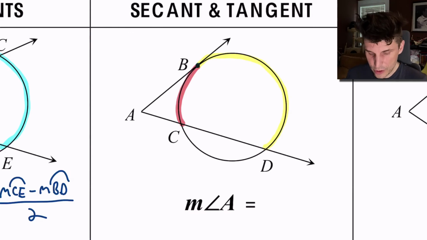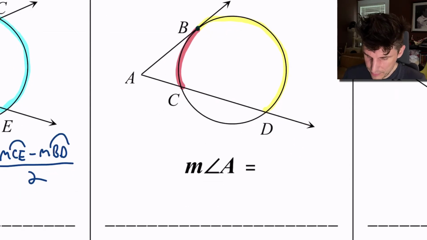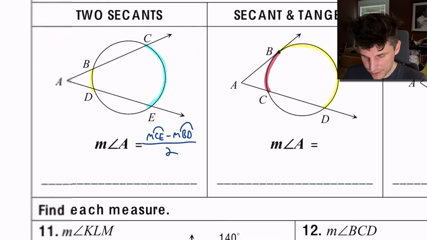Same idea. If you're looking through angle A here, what portion of the circle can you see? You can see arc BC and you can see arc BD. That could almost be a semicircle. It doesn't matter. The whole concept is that it's half of the difference. So why don't you write that down? They want us to write down the line underneath.